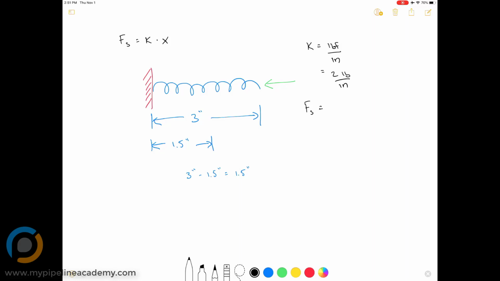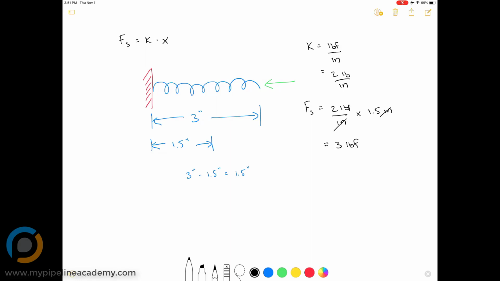So our spring constant is 2 pounds per inch, and we are compressing it by 1.5 inches. Inches cancel out. We're left with just pounds, and that equals 2 times 1.5, which is 3 pounds force. So 3 pounds of force are required to compress the spring to half its distance.